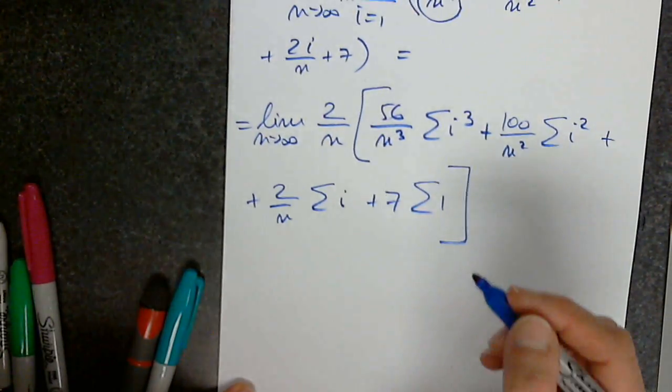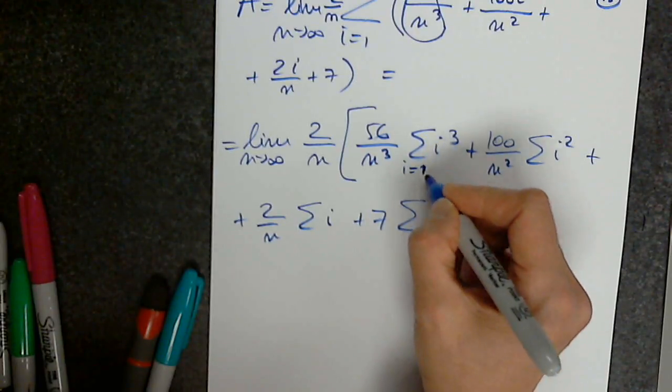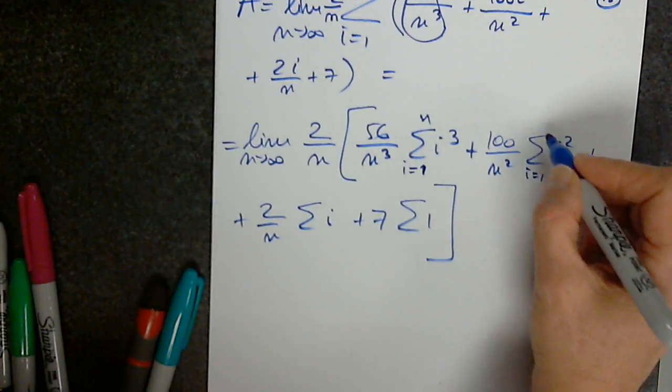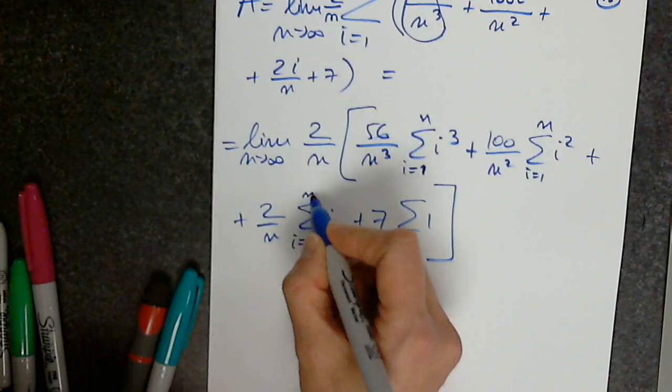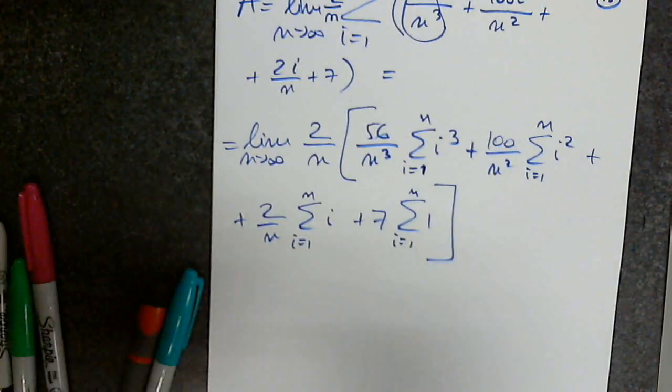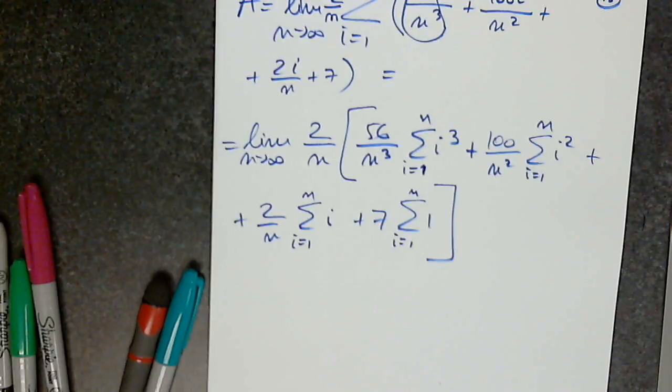Of course, all of them are from i equals 1 through n. I was just lazy. Are we okay with this?